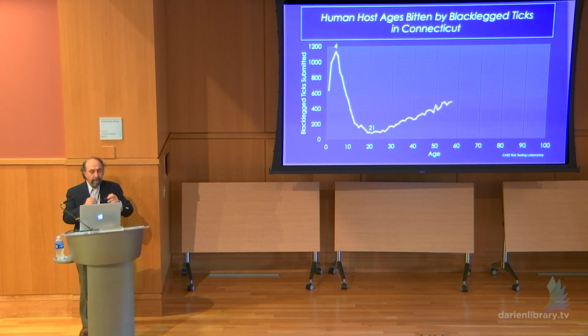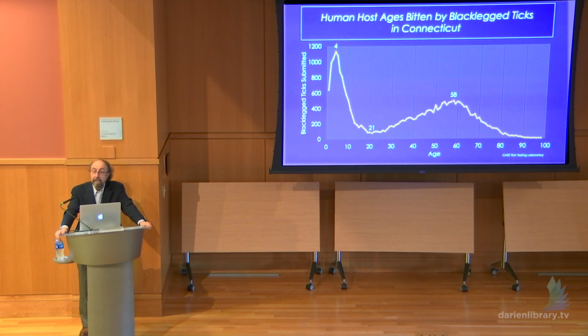So if you want to know who is at greater risk, children less than 10 years old are at greater risk, not because they have any kind of sensitivity to tick bite. It's just because they are active outdoors, particularly in those wooded areas. Then the next group are those at retirement age, David.